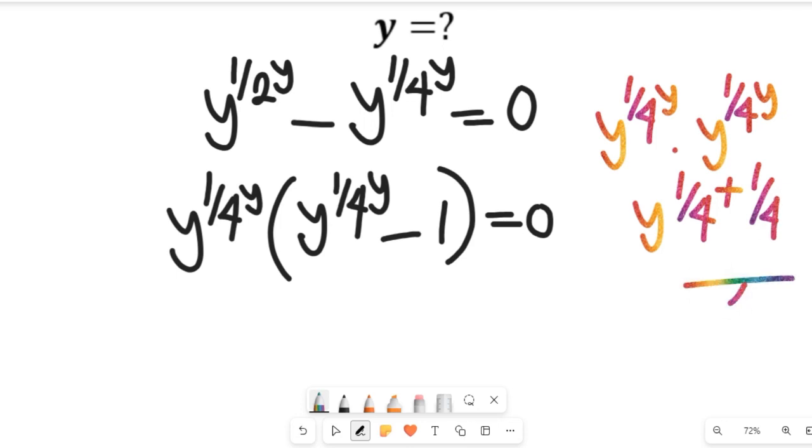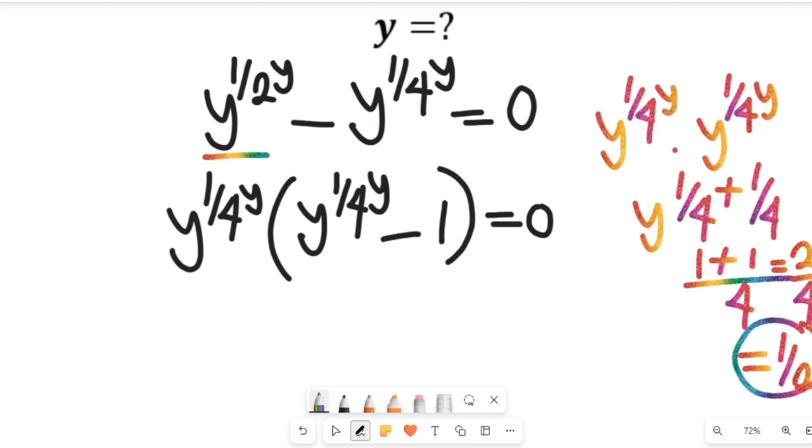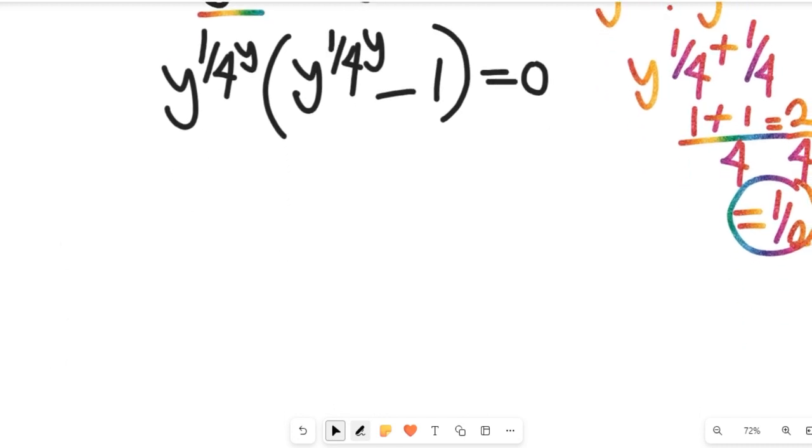And if you find the LCM, this will give you 1 plus 1, and this will be equal to 2 divided by 4. 2 divided by 4 is simply 1 divided by 2, right? So it's going to give you y to the power of 1 divided by 2 multiplied by y. So you see, that is the factor, that's the value we factor out.